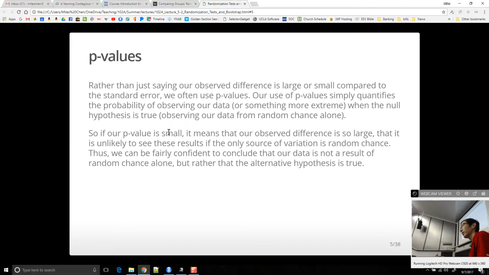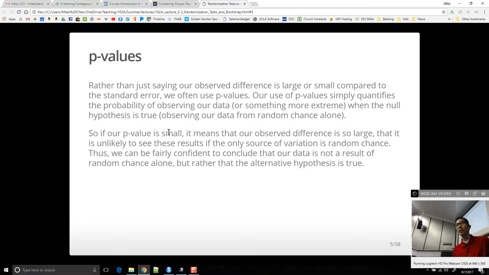So if sample 1 has values like 9.9, 10, and 10.1, and those are the typical values, and sample 2 has values like 11.9, 12, and 12.1, and every now and then you see extreme values, technically it might not be impossible to get a difference of 2 points based on random chance alone. However, the p-value will probably reveal that getting that kind of difference is incredibly unlikely to happen.